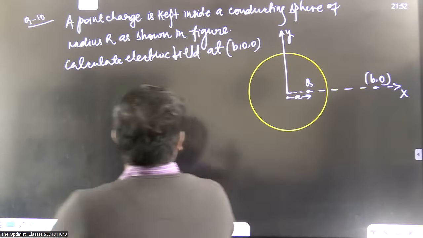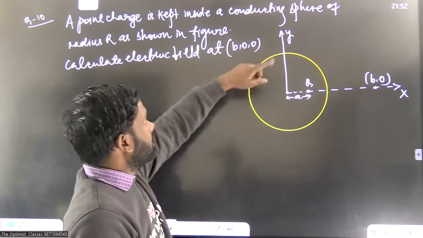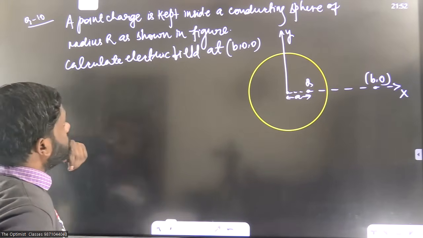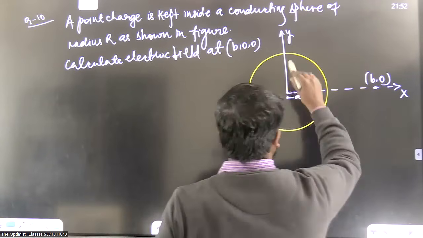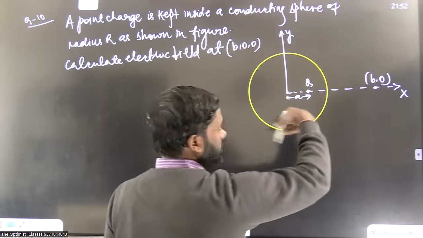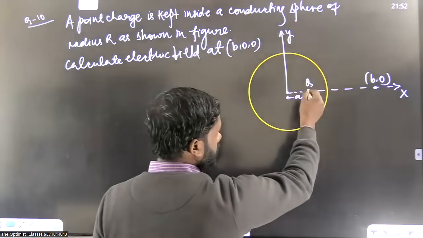Now another question. It says a point charge kept inside a conducting sphere of radius capital R is shown in figure. Calculate the electric field at this point. There is an isolated conducting sphere, and a charge is kept inside it.